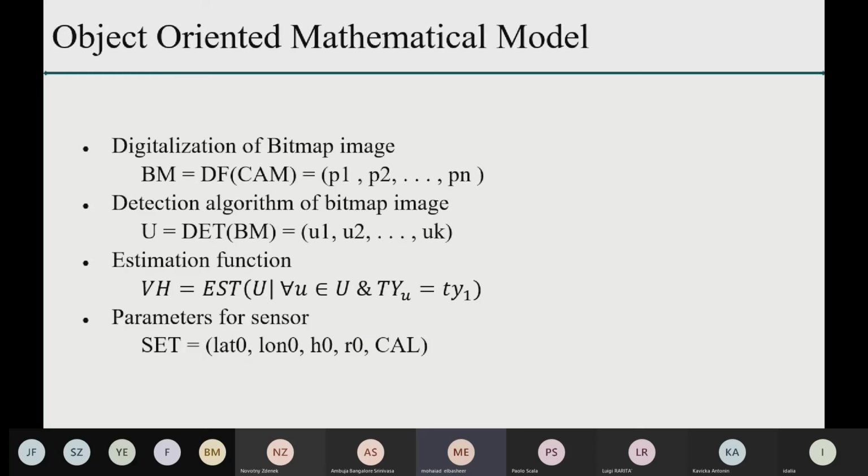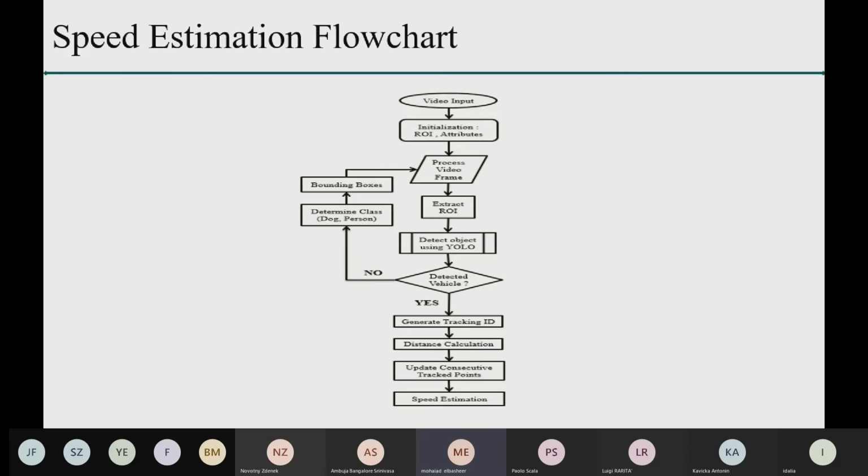This was the developed mathematical model for this work, where it involves these 4 steps. Our first step was digitalization of the bitmap image, then the detection algorithm on the bitmap image, and then the estimation function, and feeding in a few parameters for these sensors. The speed estimation flowchart looks something like this.